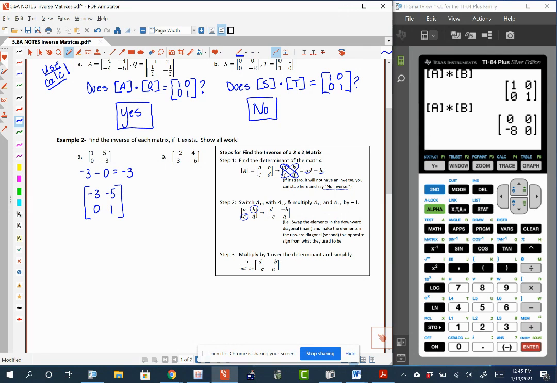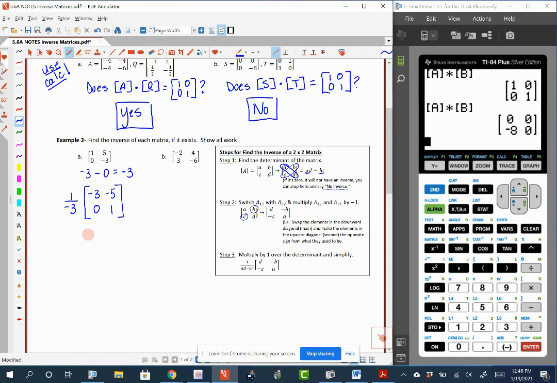Step 3 says we want to multiply 1 over the determinant, and then we're going to simplify. So now I need to take my determinant, which was negative 3, and I need to do 1 over that determinant. This value, when distributed inside to each element inside of my matrix, is going to give me the inverse.